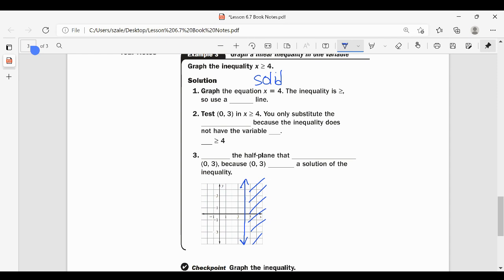Here, they decided to test 0, 3 to prove that it doesn't work. We're looking at that x value, so 0 is not bigger than 4, so that would not be a solution. They're just picking random values to double check if it is or is not a solution there.